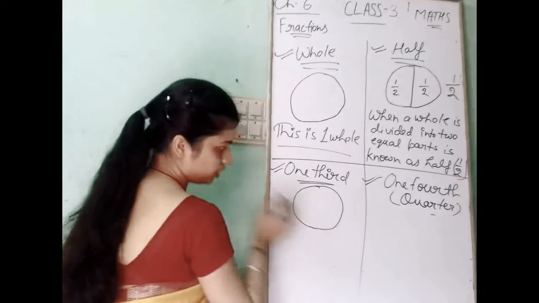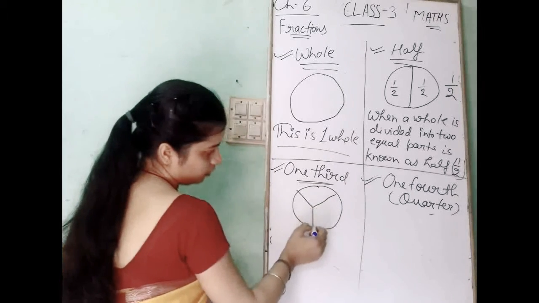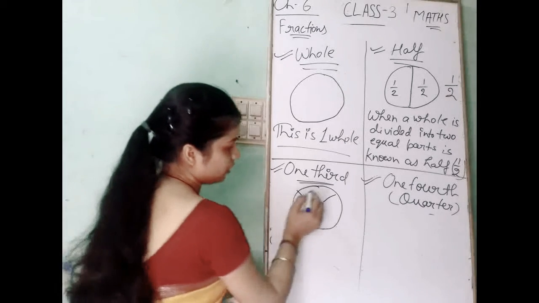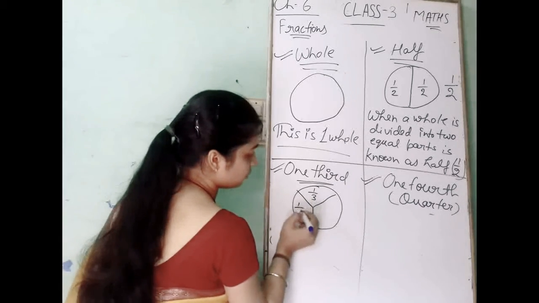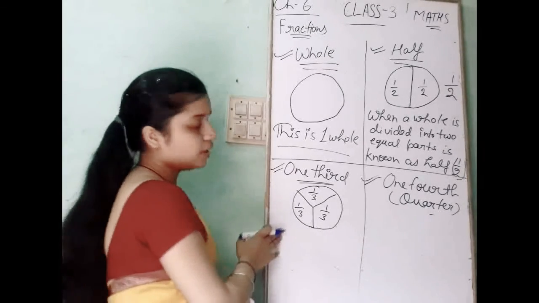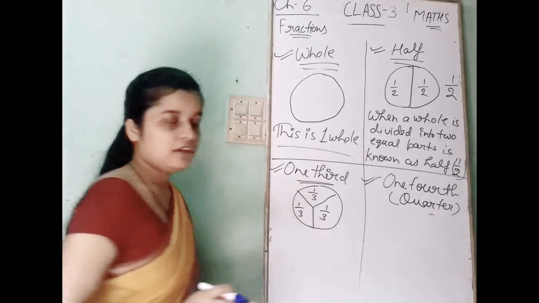What is 1/3? Suppose here I make a circle again and I divide it in this way as 3 parts. So each part can be said as 1 by 3 because here I divide this circle in 3 total parts and each part is 1 by 3.